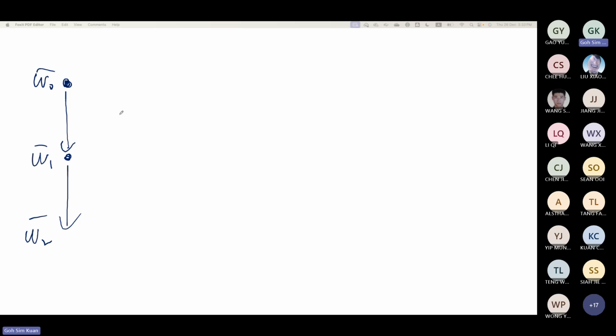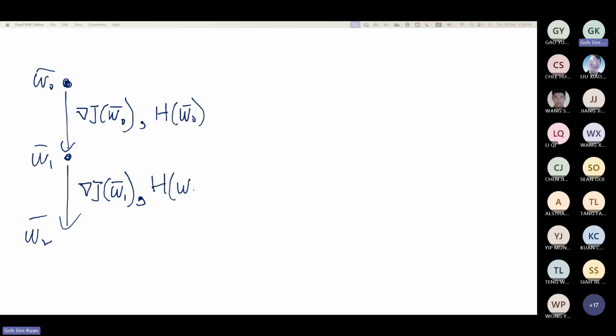We will be computing the gradient at W0 bar and also the Hessian at W0 bar. Similarly, to perform the second Newton update step, we will require the gradient at W1 bar and also the Hessian at W1 bar.